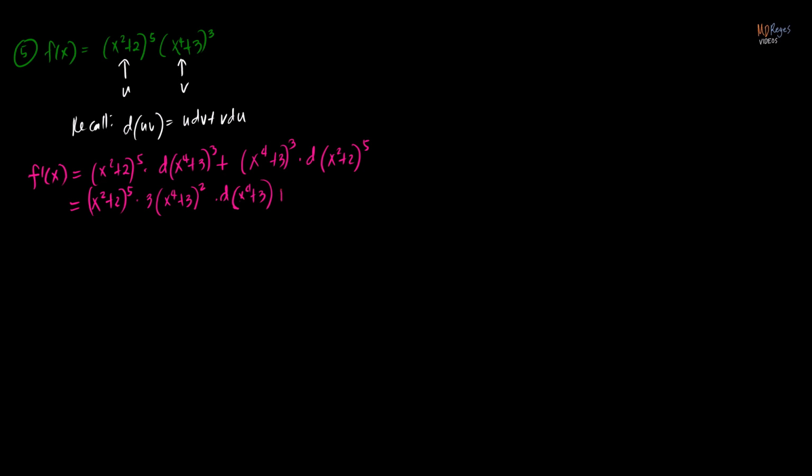Plus, we now copy the second term, x to the fourth plus 3 cubed, times the derivative of x squared plus 2 to the fifth using the generalized power rule. So it's 5, that's the exponent, times the base raised to 5 minus 1, which is 4, times the derivative of the base, x squared plus 2.